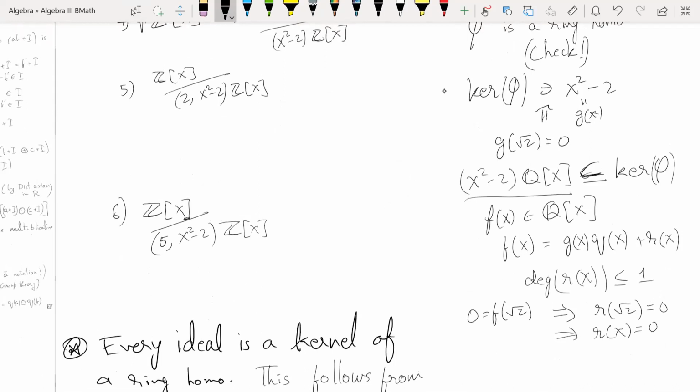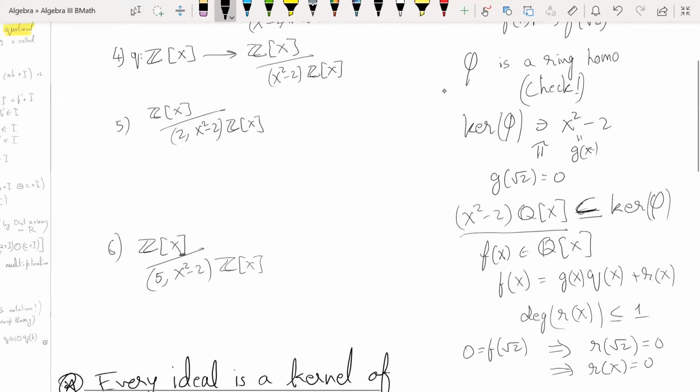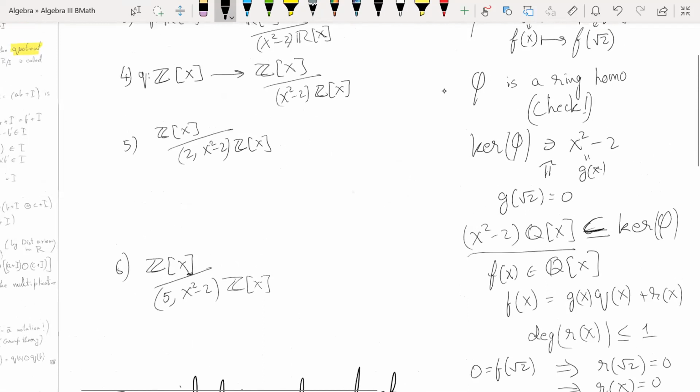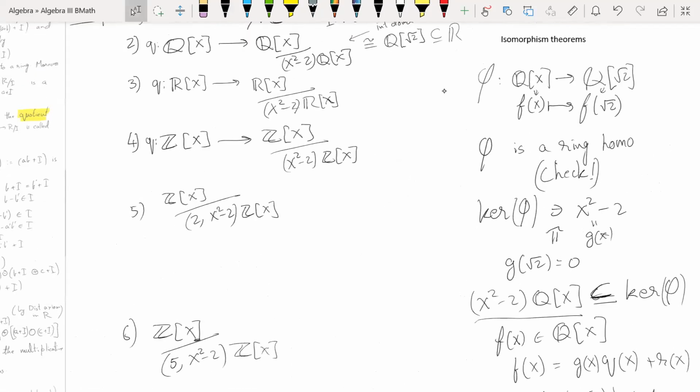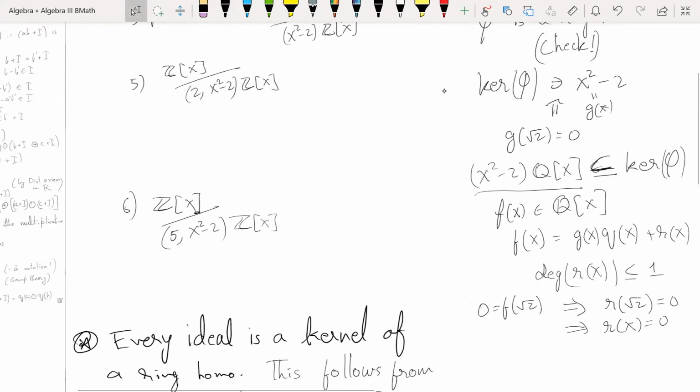So this argument tells you that the kernel of phi is precisely this ring. Sorry about this.